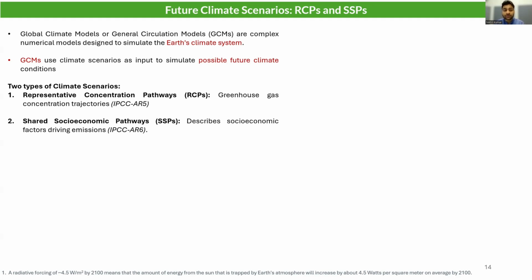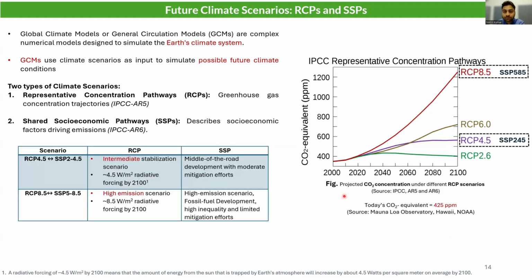First is representative concentration pathways, which are based on greenhouse gas trajectories and are used in the IPCC AR5 report. And the second one is the shared socioeconomic pathways, also called SSPs, which are described by socioeconomic factors describing emissions. These are used in the latest IPCC report, AR6.